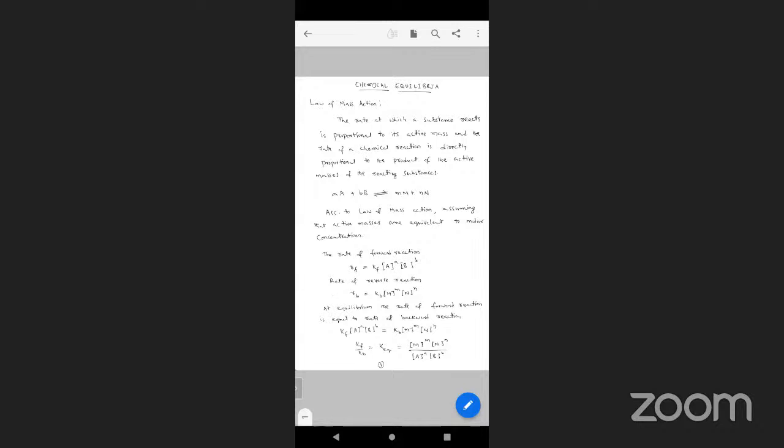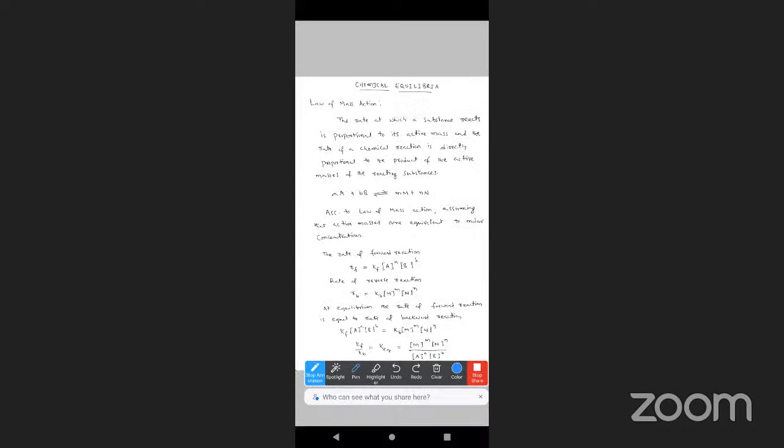According to the law of mass action, we assume that active masses are equivalent to molar concentrations.